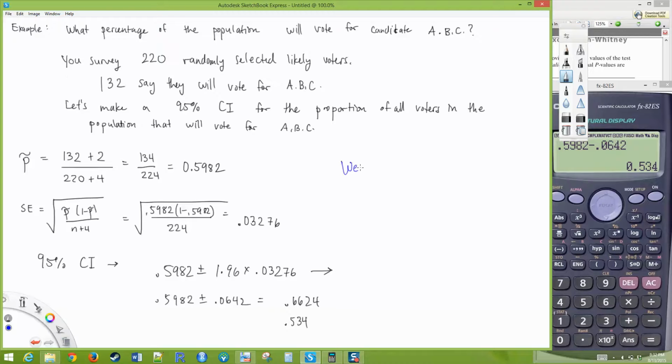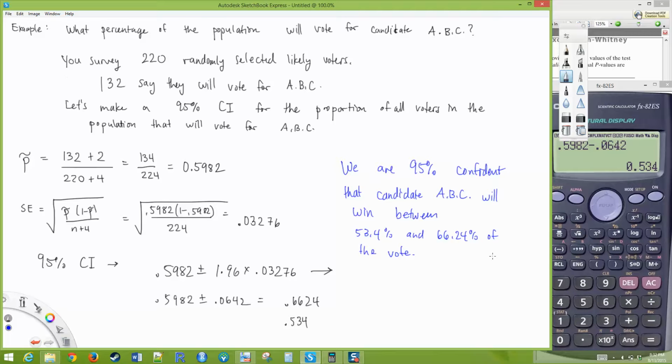So we write, we are 95% confident that candidate ABC will win between 53.4% and 66.24% of the vote.